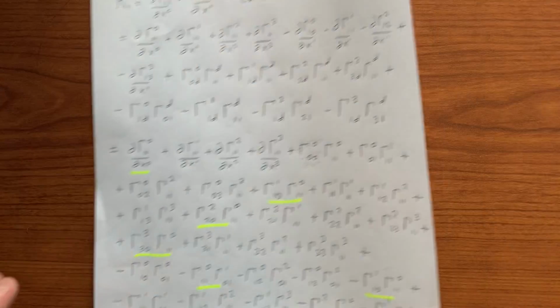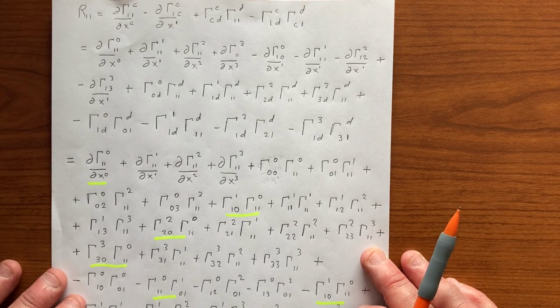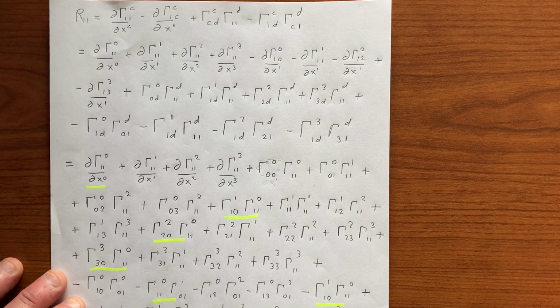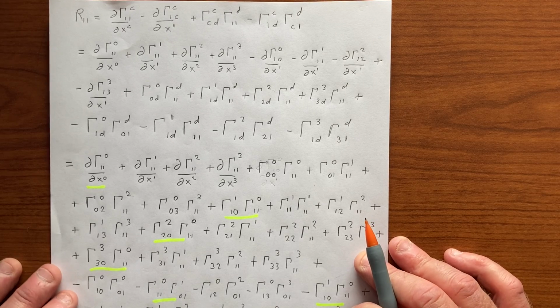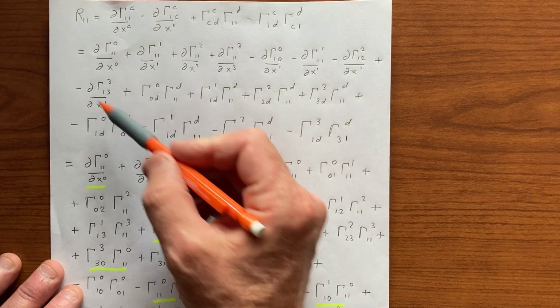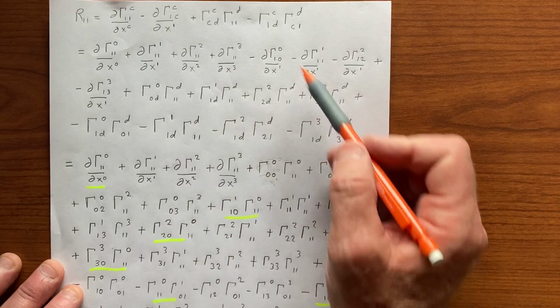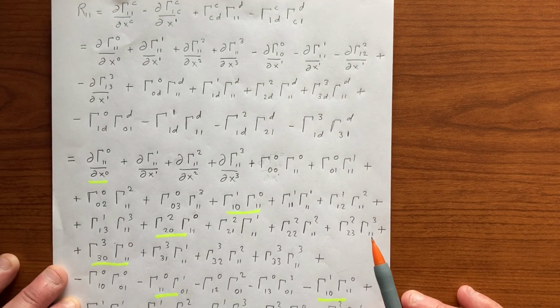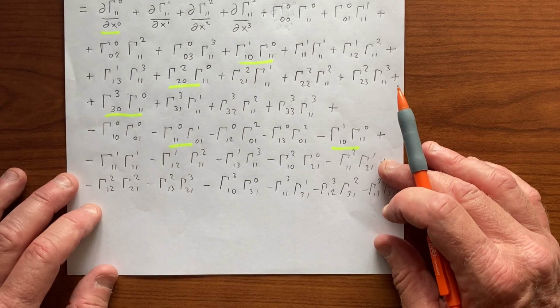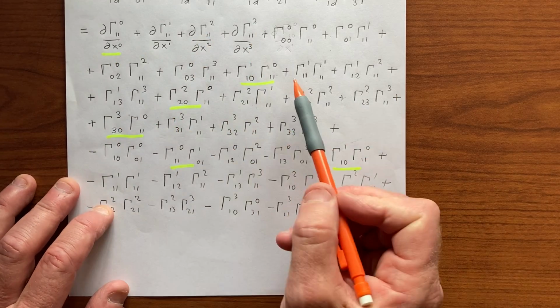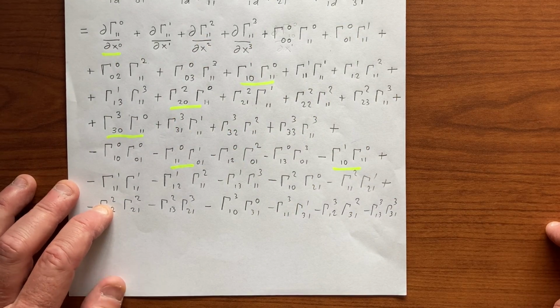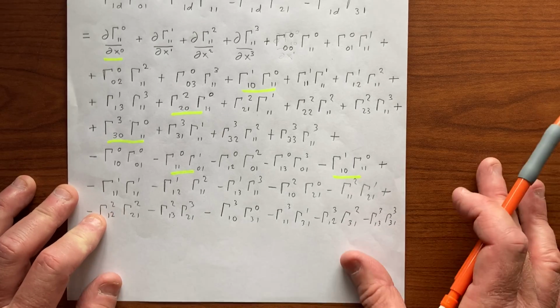That's the next thing to do here, and I've worked them out. But before doing that, let's go through R11, or for that matter R22 and R33, because they give us the same information. And so here we have the same kind of thing. I'm building them up, and then I underline in yellow the ones that survive given the connection coefficients that are not 0.